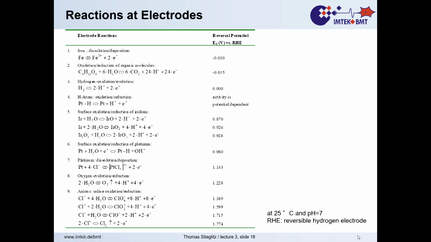Reversible hydrogen electrode is something we don't use in my lab because we would need hydrogen and we have to take a piece of platinum and flood the hydrogen around the platinum, and then you get the zero potential. That it's quite messy for our measurements. Therefore, we use other electrodes which also generate a stable kind of ground potential. For example, silver chloride.